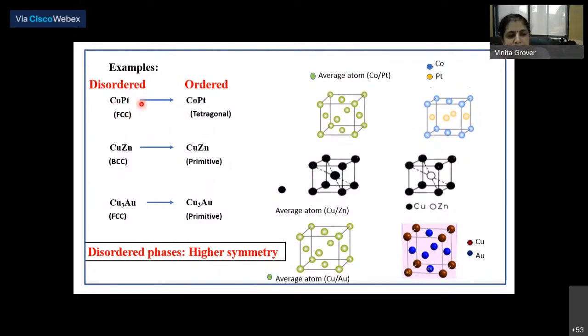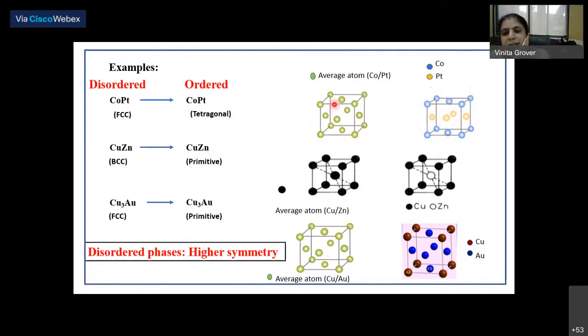For example, take cobalt platinum. Cobalt platinum has the tendency to exist in an ordered phase as well as in a disordered phase. In the disordered phase, the lattice of cobalt platinum is FCC, that is face-centered. And in the ordered phase you have platinum here and you have cobalt here.